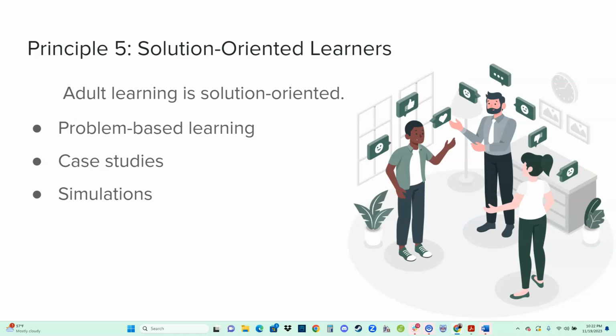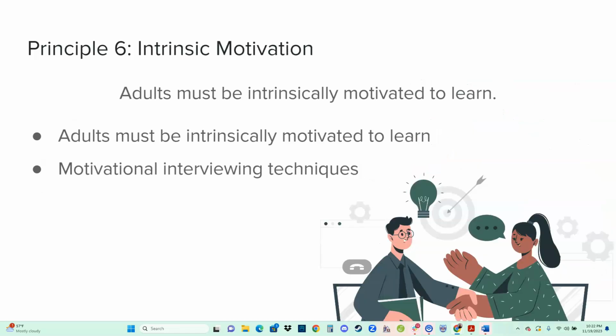And speaking of motivation, our next principle, principle 6, is all about intrinsic motivation. Now, intrinsic just means internal, right? And I'll give you an example of intrinsic versus external motivation. If I offer you a piece of candy to do a task, that is external motivation, right?